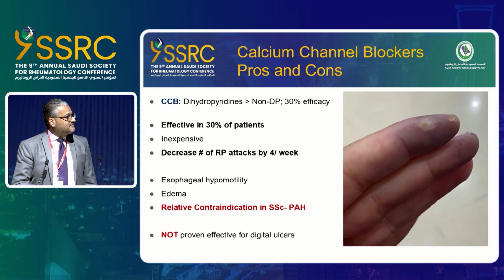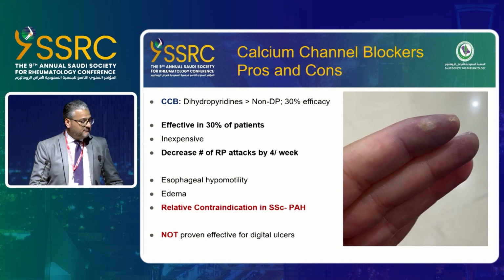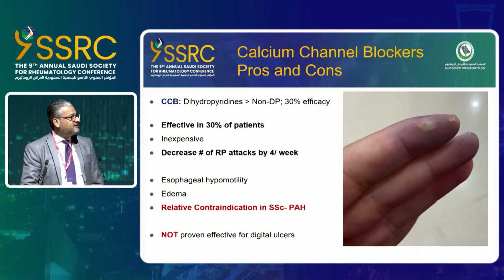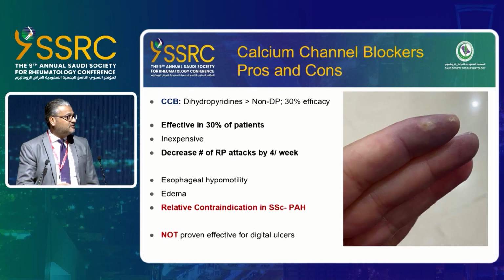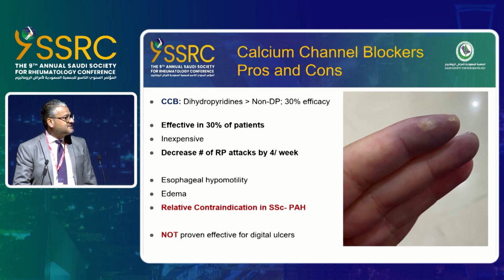If we look at calcium channel blockers, I think this is one of the most common medications we use. Dihydropyridines versus non-dihydropyridines, such as Norvasc or amlodipine versus diltiazem, and they work about 30% of the time, in addition to lifestyle modifications.